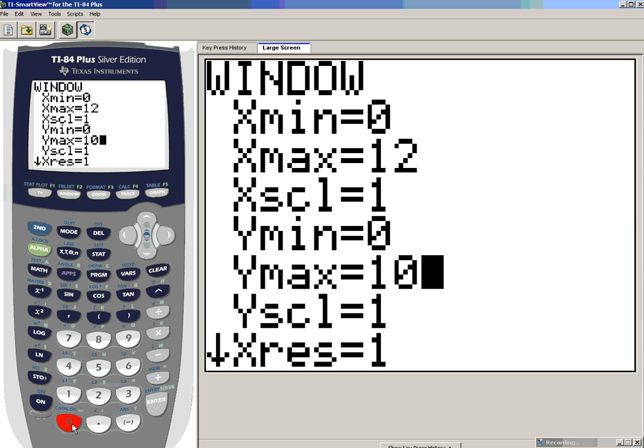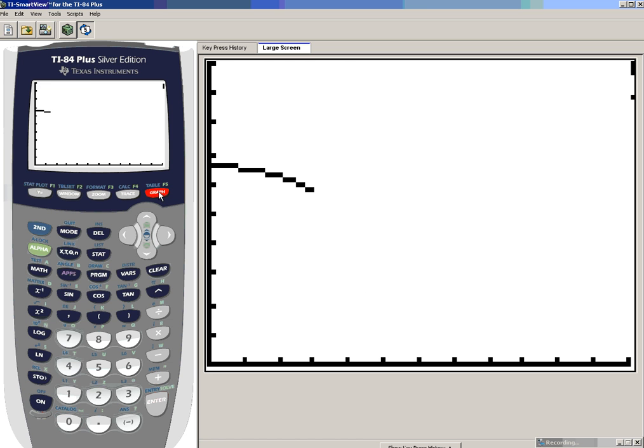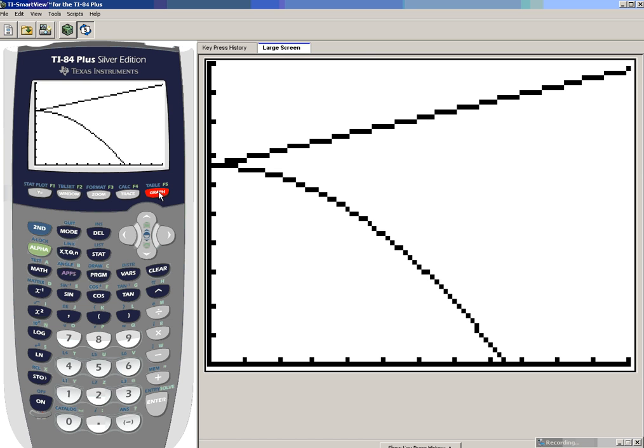Let's go up to 1,000 here, just to make it nice numbers, and let's have our scale go up by 100s. All right, there now is a good graph. We can see our parabola, which is the first piece, and our line, which is the second piece. From 1990 to 1994, we're going to talk about our first piece. From 95 to 2000, we're going to talk about our second piece.